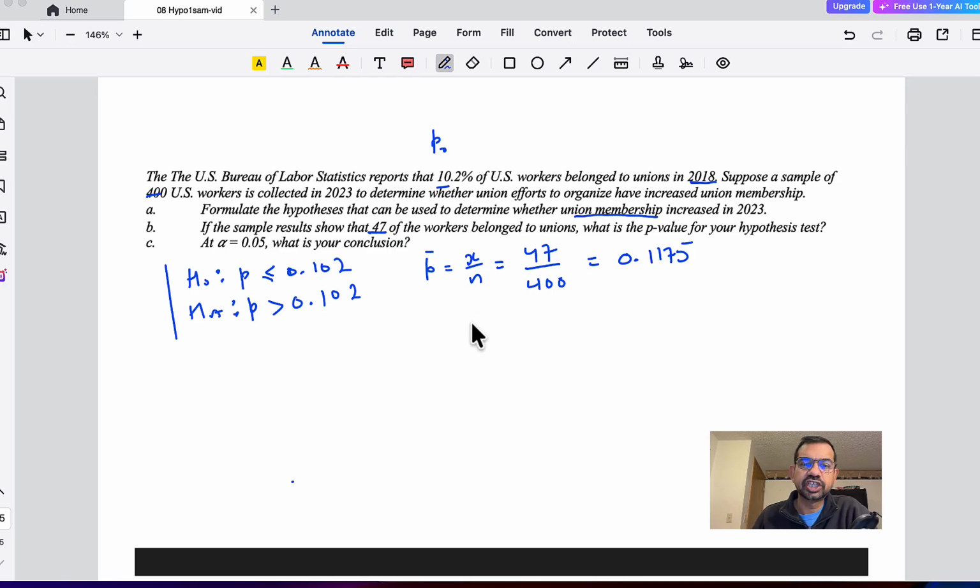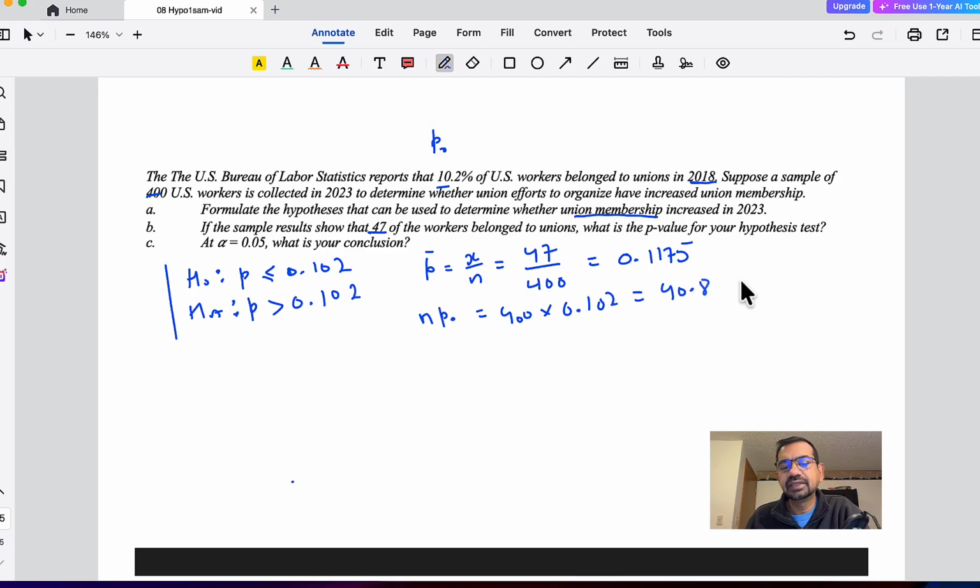Let us also check whether our sample size conditions to use the distribution are met. That is given by our n times p naught, which is 400 times 0.102, and that equals 40.8. So that's more than 5.